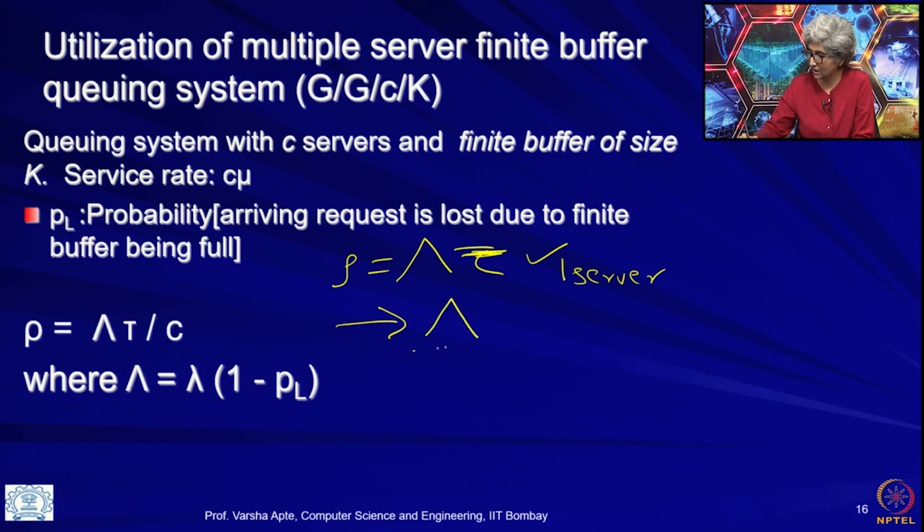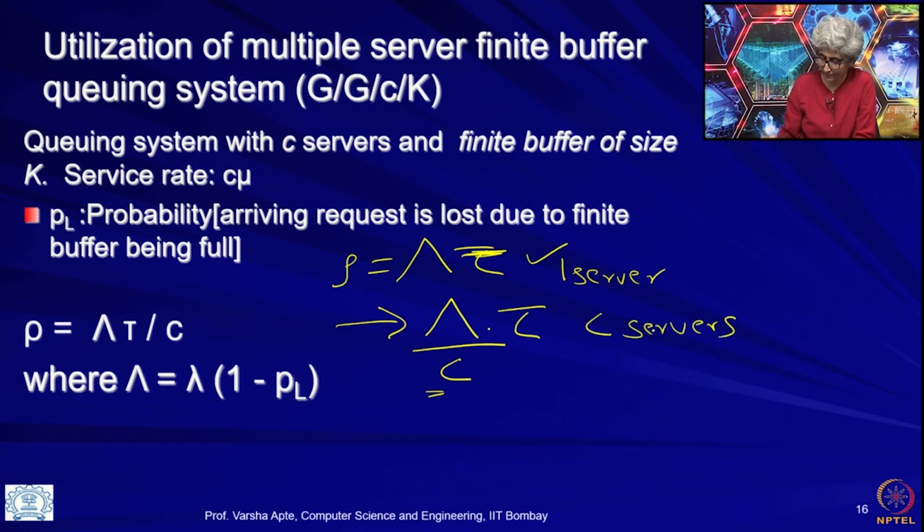You can assume that all the servers are similar and each server does capital lambda by C amount of the work, and then capital lambda by C multiplied by tau will obviously be how much the C servers are going to be busy. So, utilization is very intuitively capital lambda tau by C, where capital lambda is given by this from the previous slide.